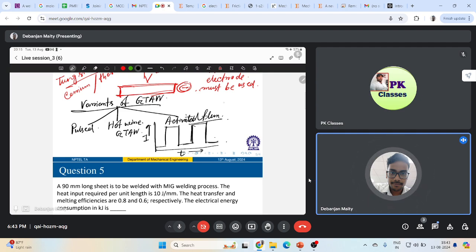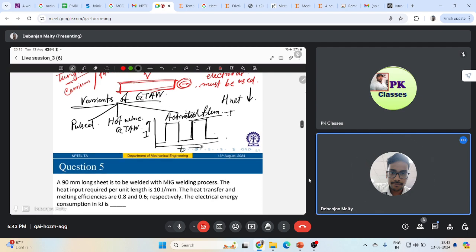So H net will get reduced in pulsed GTAW, right? It minimizes your thermal distortion. It will help in welding thin materials. And also, the technique often leads to improved penetration and bead profile.